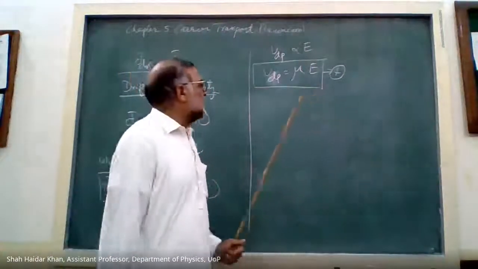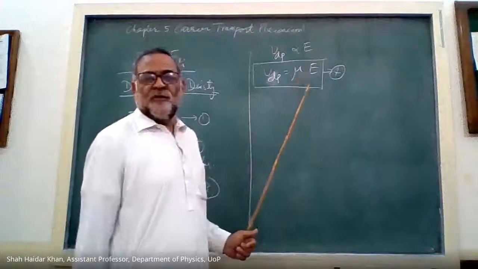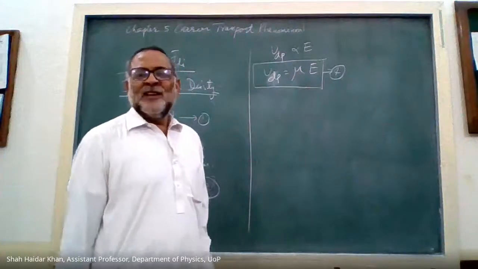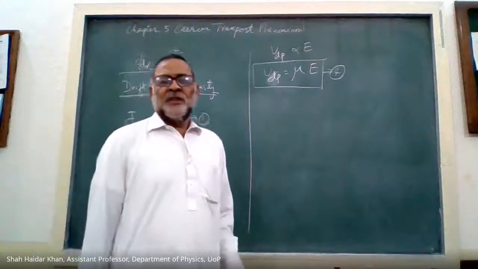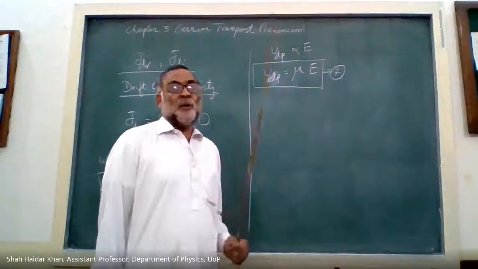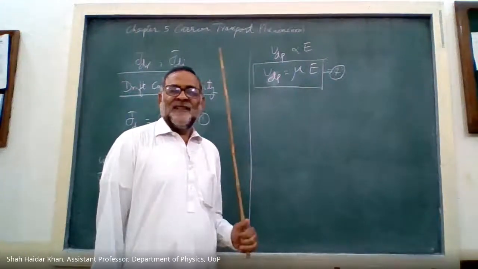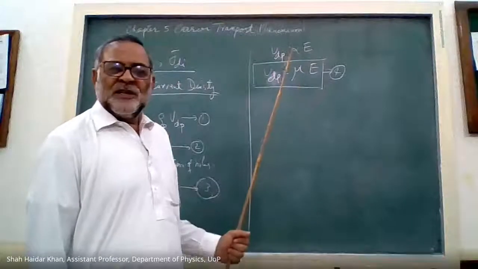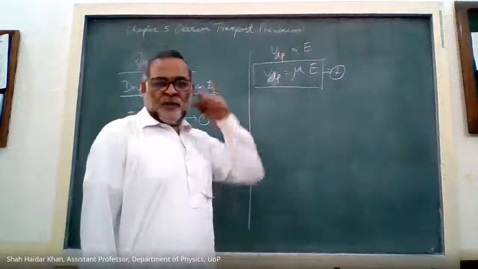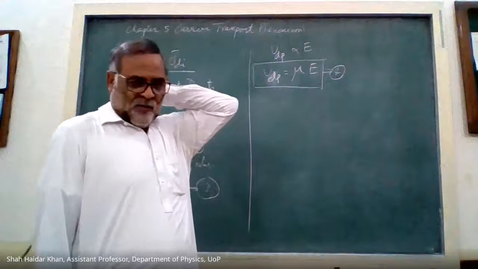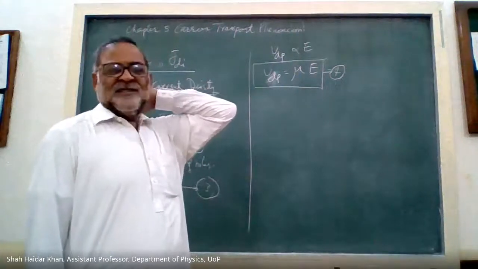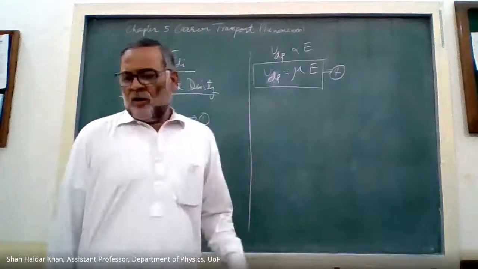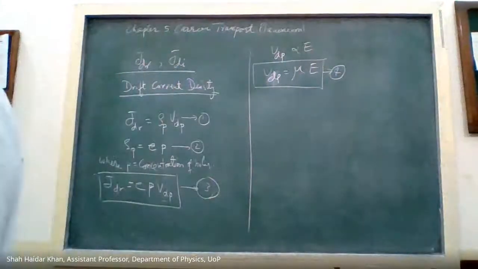This constant which we introduced in this equation number 4 is called the mobility of the charge carriers, and this is a property of the semiconductor. That is the property of the material. If you know the mobility of a material, you can know the nature of that material. So it is kind of a signature property, right? So this is called mobility.